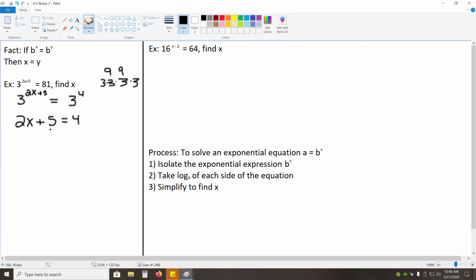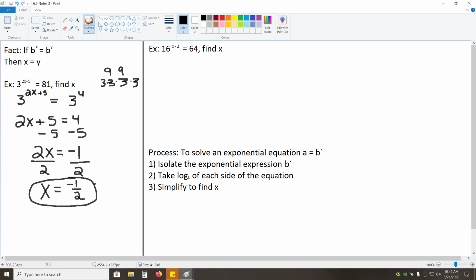And now, just solving for x, we'll subtract 5 from each side to get 2x equals negative 1. Dividing each side by 2, we get x equals negative 1/2. And then you can always go through checking this.